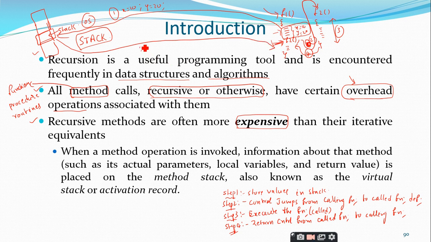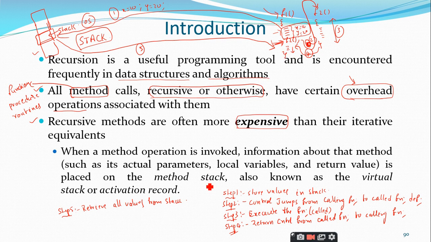So this is step 5: retrieve all values from stack. After that it will execute the remaining part of the calling function and finish its execution.